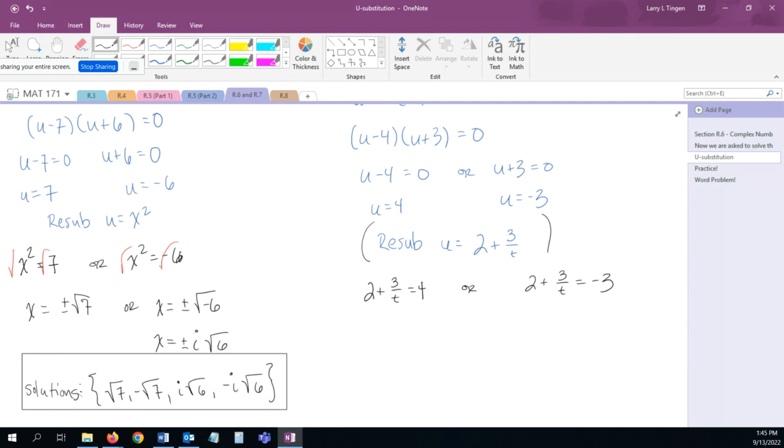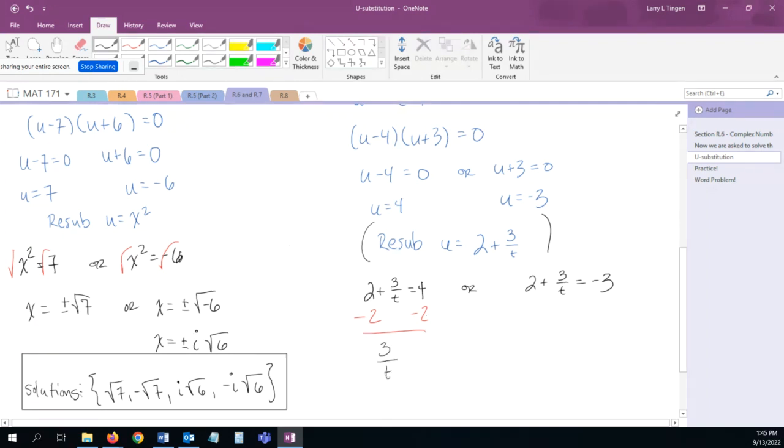Okay. I've got t in the denominator. I'd really like to solve for it, so I need to get it out of the denominator. The easiest way to do that is clear fractions, but before I go clearing fractions, let's combine like terms. So on 2 plus 3 over t is equal to 4, I'm going to subtract 2 from both sides. I should probably jot that down because this can be a bit of a mess if you're not careful.